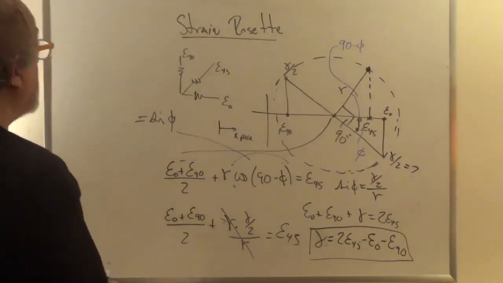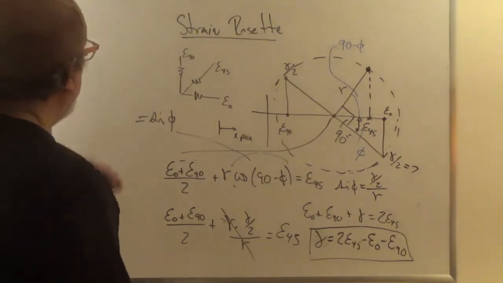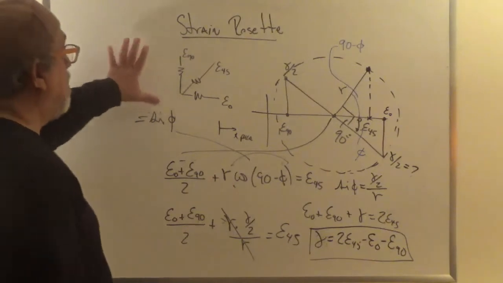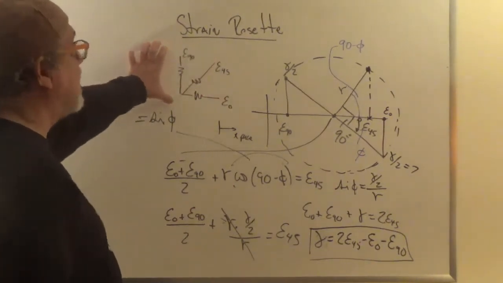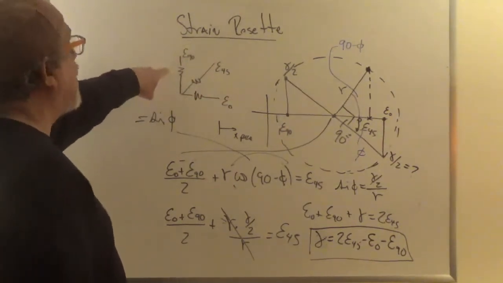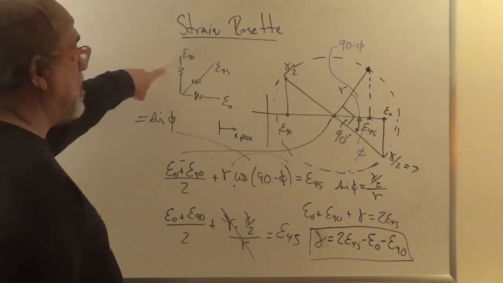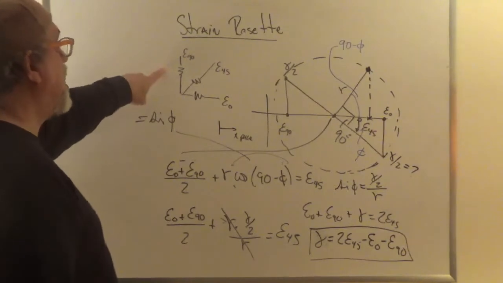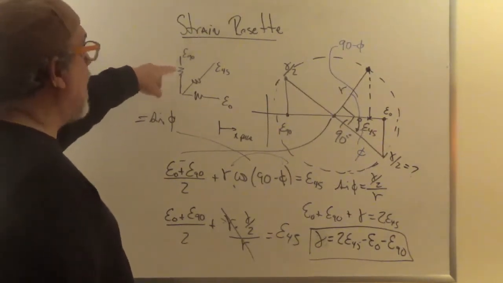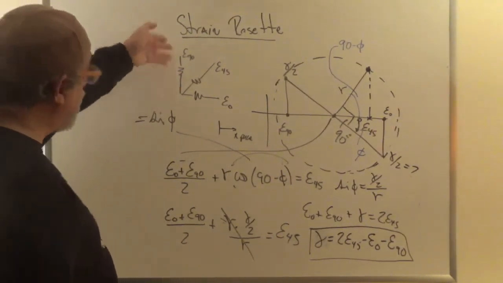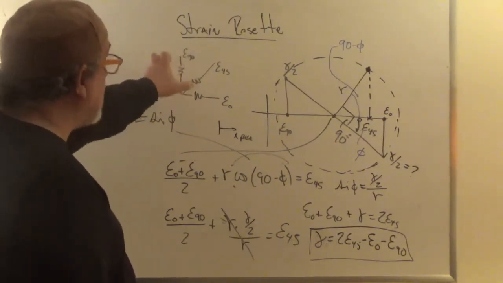The bottom line is, if you have a two-dimensional plane, right? You want to know what's going on at a point. So for that, you want to measure the strains at that point. But it turns out that the strain field requires that you measure epsilon x, epsilon y, and the shear strain, right, in 2D.